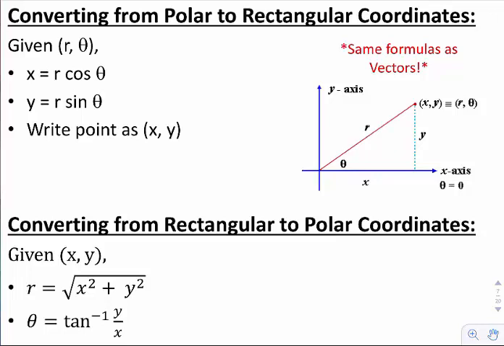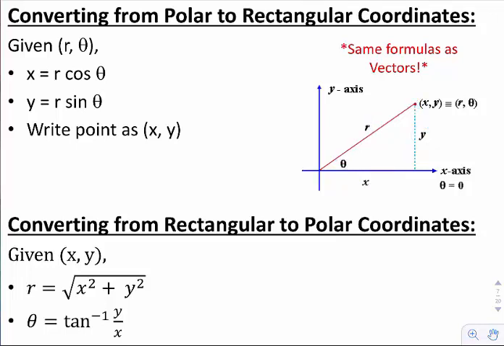If you understand what you're doing when you're plotting these points, if you're getting this point, you're just basically using this distance and this angle. So if we want to use the same formula we use when we talk about vectors, we can convert from polar to rectangular because we have those two components and we have the x and y components in a right triangle. We can basically look at it this way.